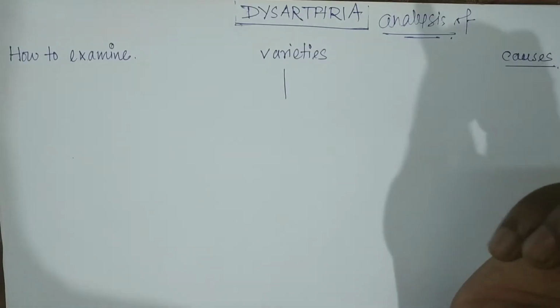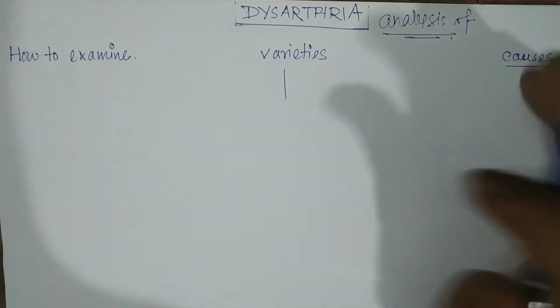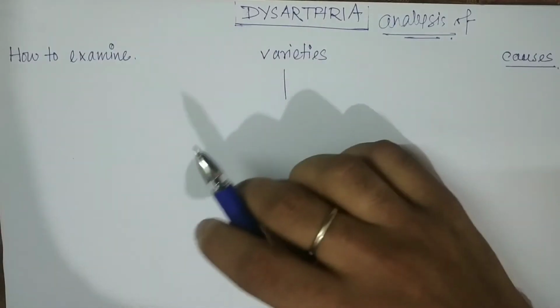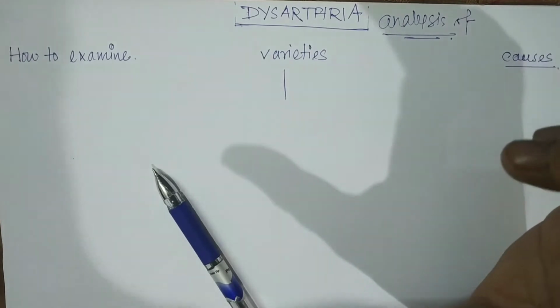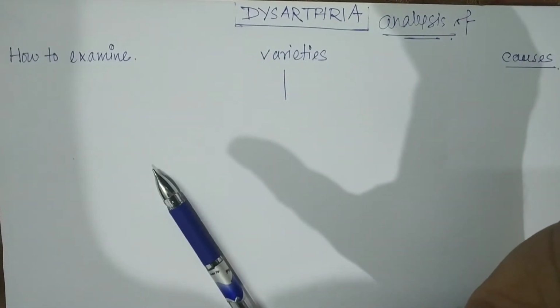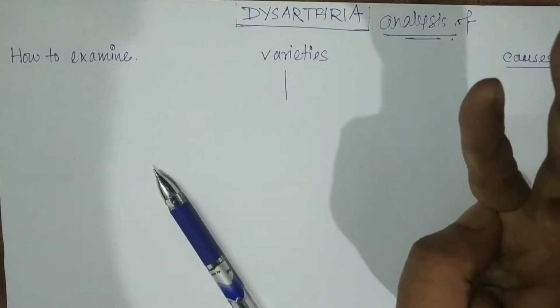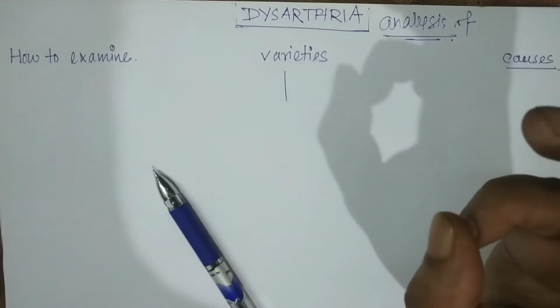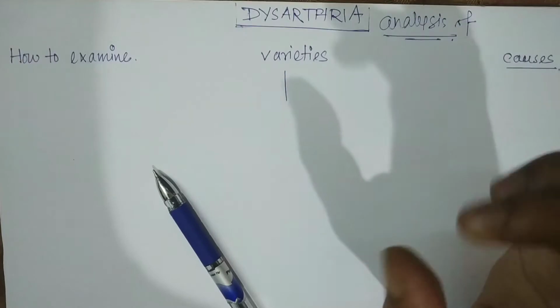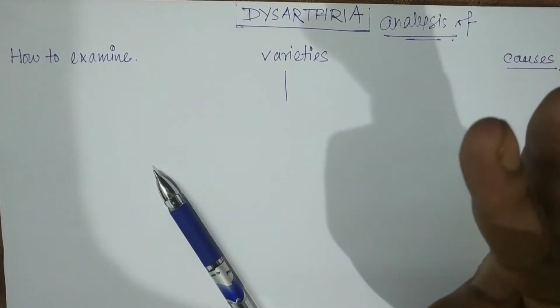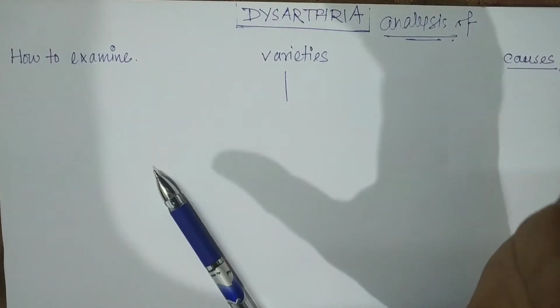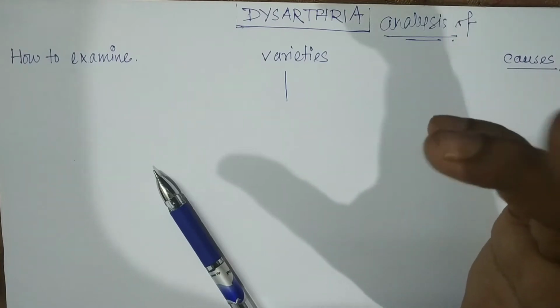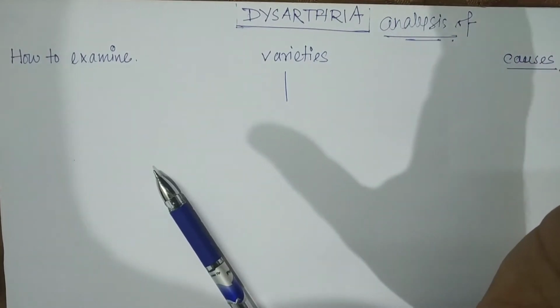So the correct articulation requires correct bilateral coordination of a lot of things. It requires correct bilateral coordination of the tongue, the lips, the palate, the larynx, and the muscles of respiration. Now, all these may suffer from lesions of many different places.